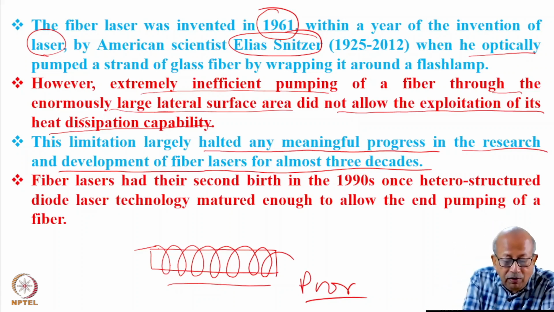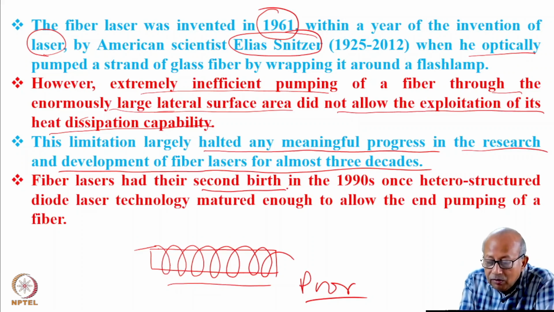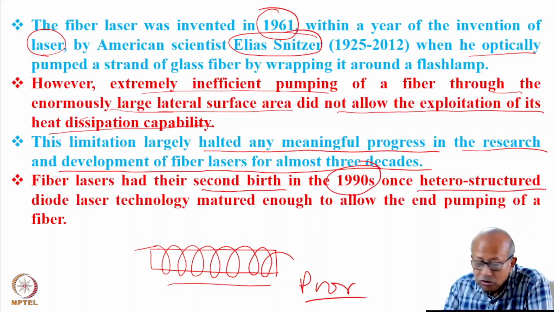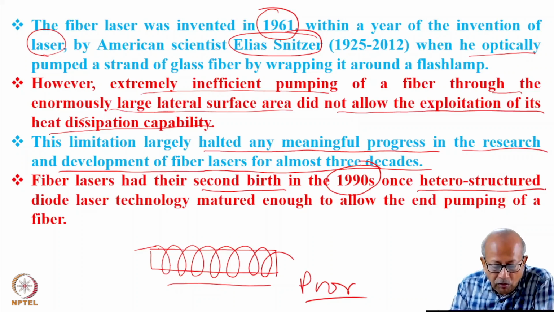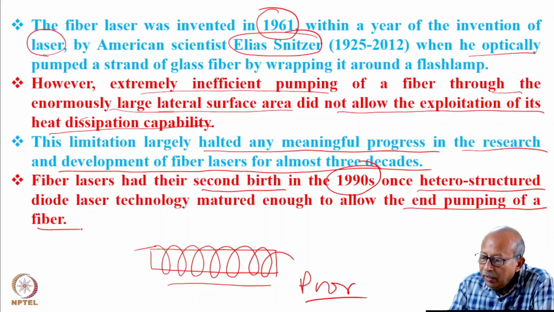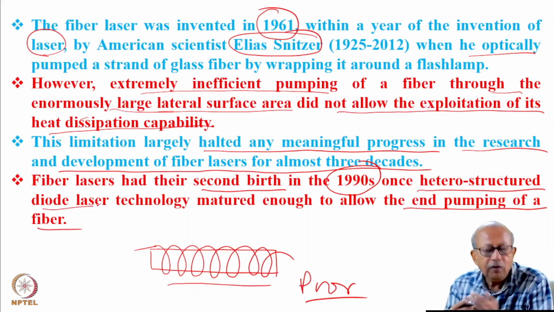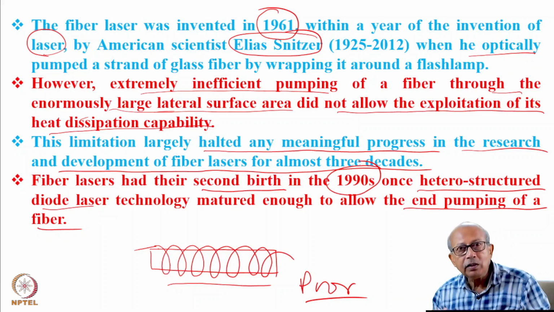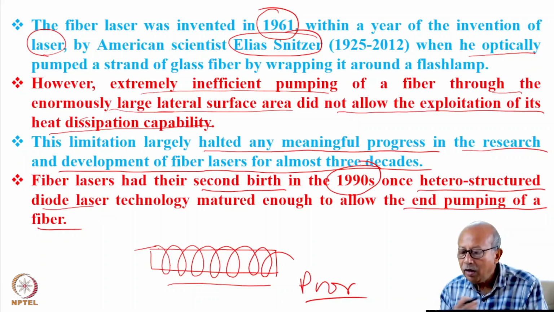However, fiber lasers had their second birth in the 1990s, once heterostructured diode laser technology matured enough to allow the end pumping of a fiber. Heterostructured diode laser is basically a semiconductor laser. It is called either a diode laser or a semiconductor laser.